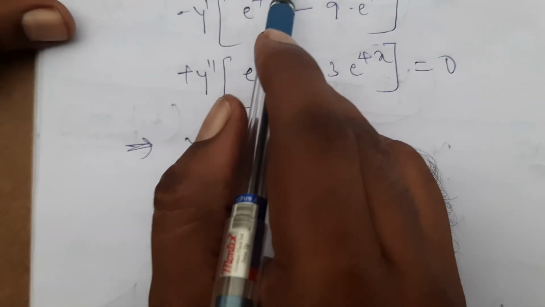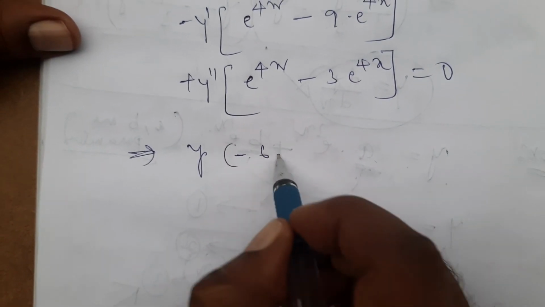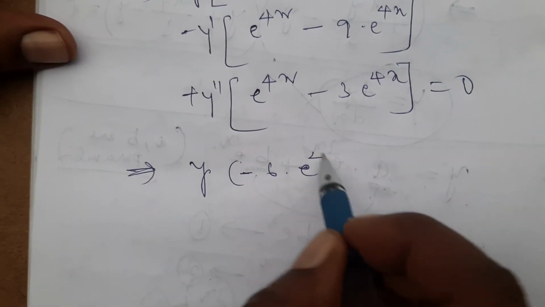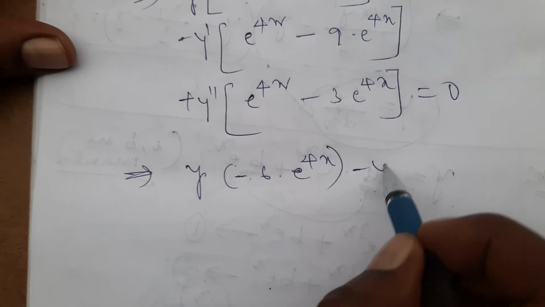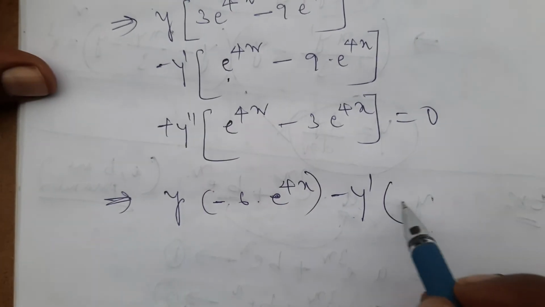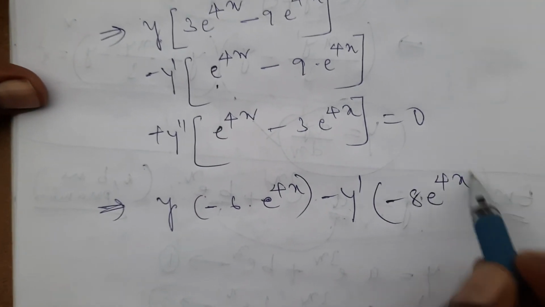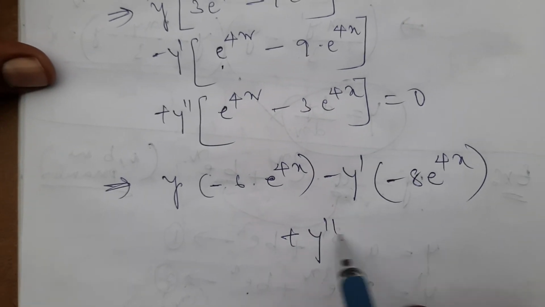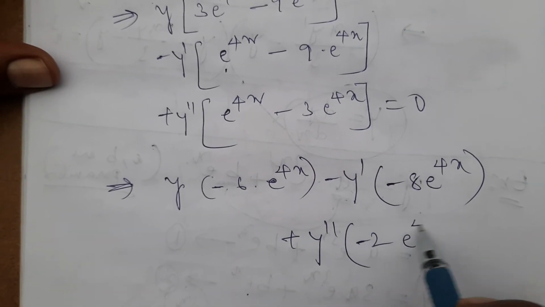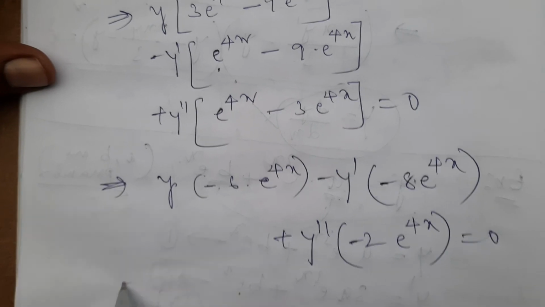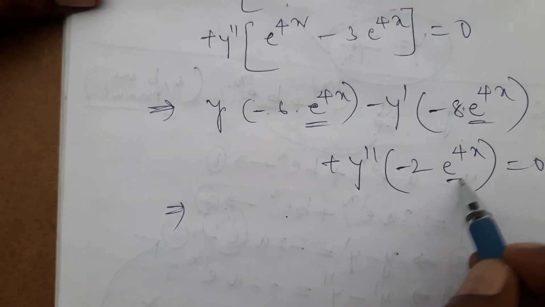If I simplify this, y into minus 6 e power 4x, minus y dash into minus 8 e power 4x, plus y double dash into minus 2 e power 4x, equals 0. In each term e power 4x is common.